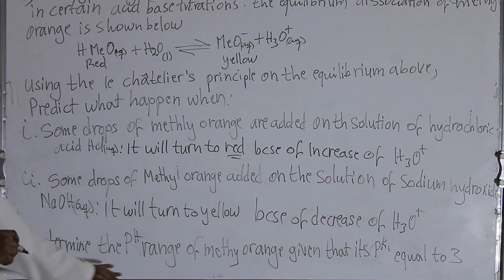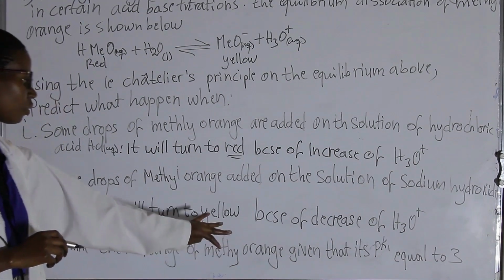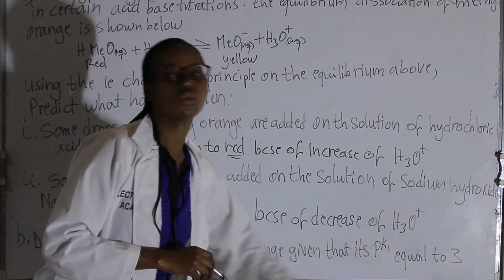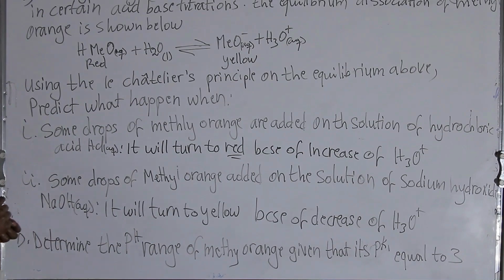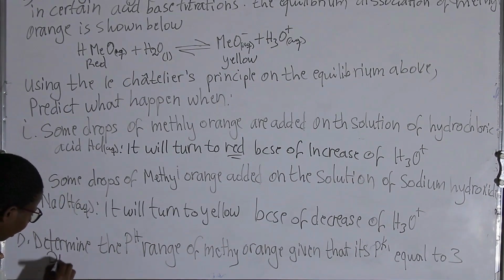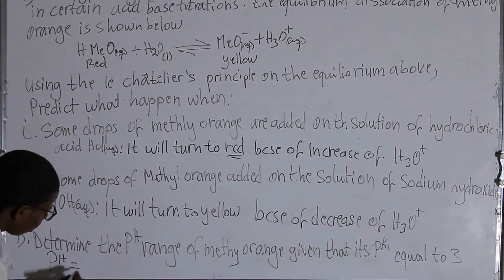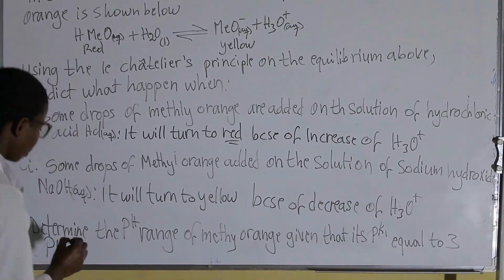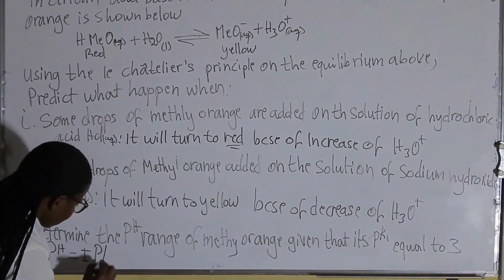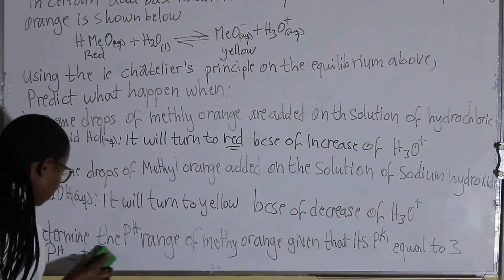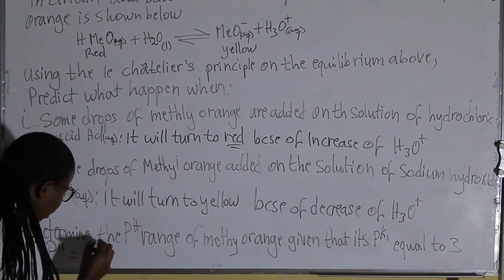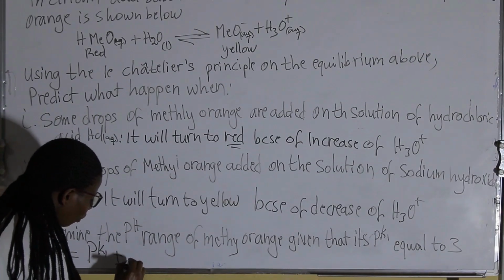Question B: determine the pH range of methyl orange given that its pKi equals 3. Here, we know that pH equals pKi plus or minus 1.